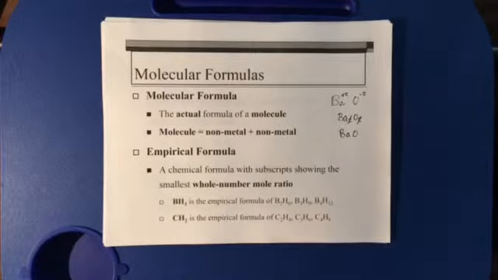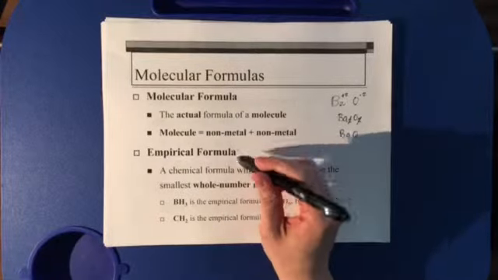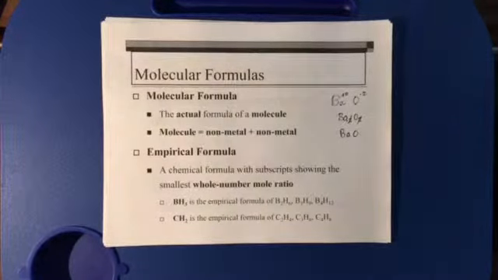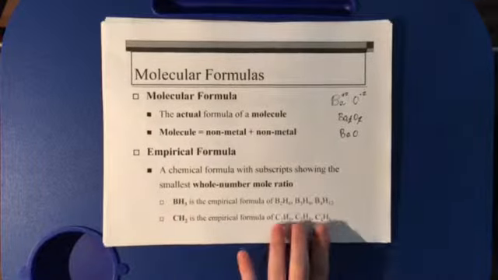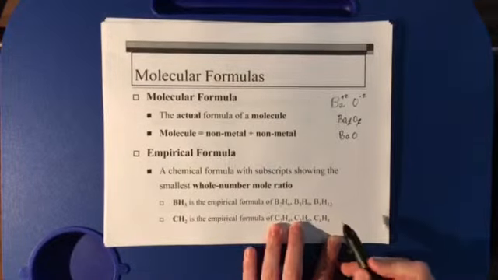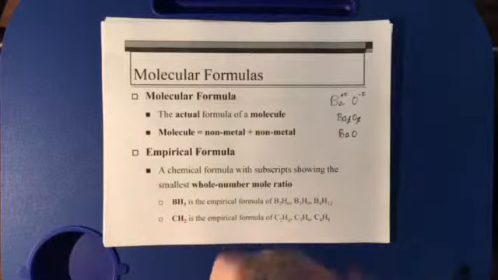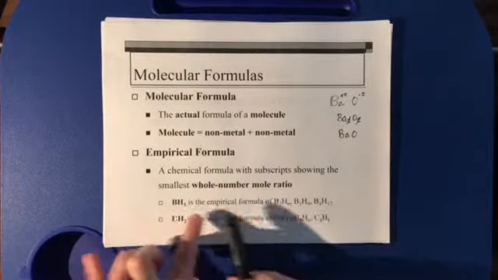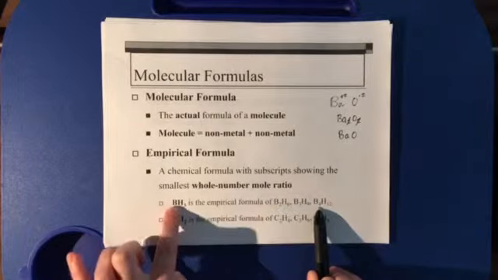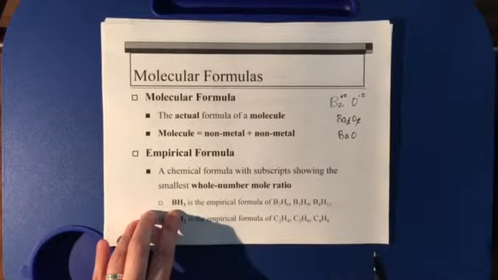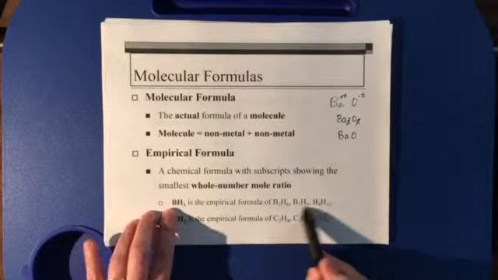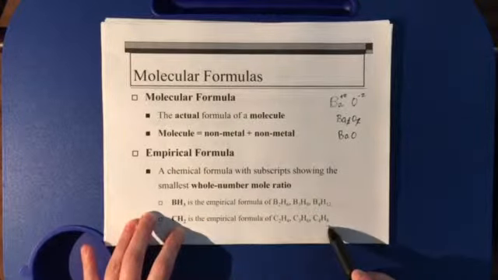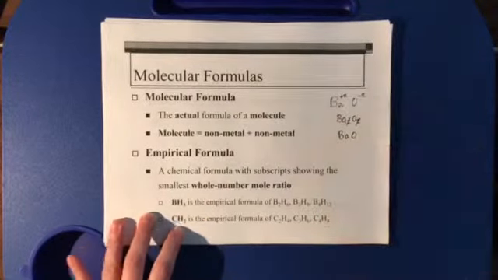So ionic compounds exist in discrete units, and so we need the empirical formula. Whereas covalent compounds with nonmetals exist in these molecules, and so we can have different molecular formulas with one empirical formula. BH3 is very different than any of these. CH2 is very different than any of these. That's not the case for the ionic compounds.